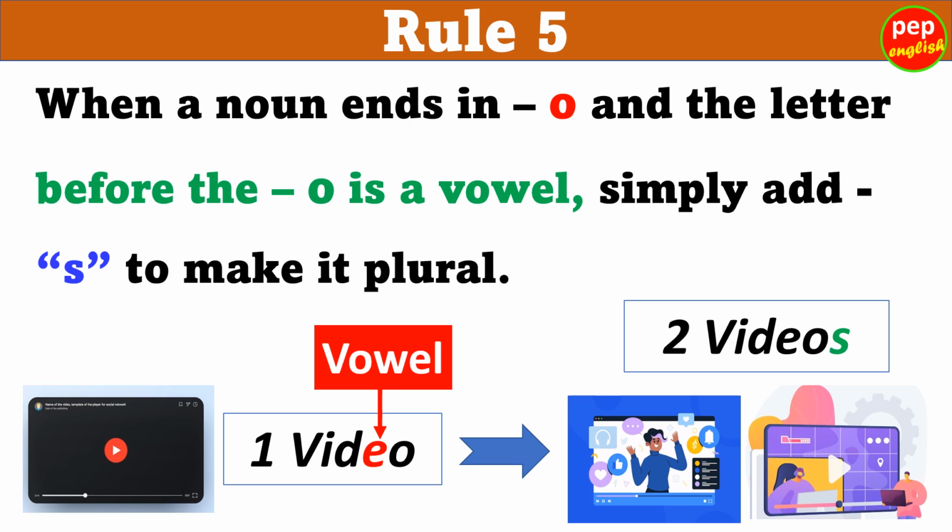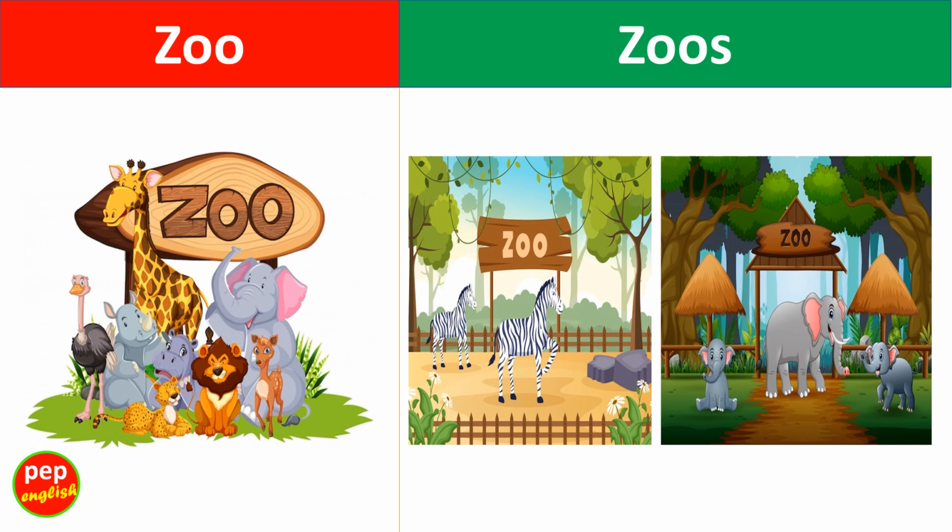When a noun ends in o and the letter before the o is a vowel, simply add s to make it plural. 1 video. 2 videos. Zoo. Zoos.